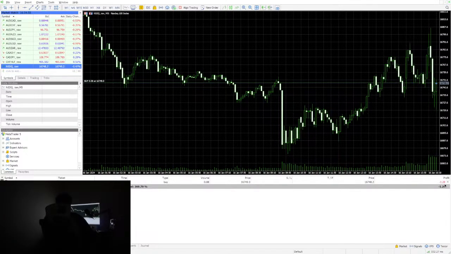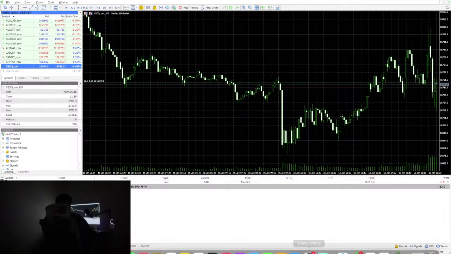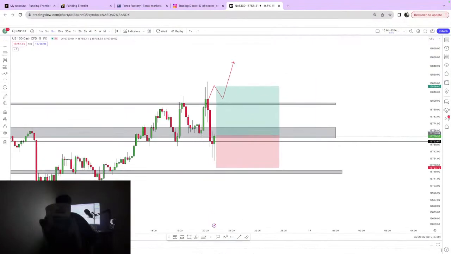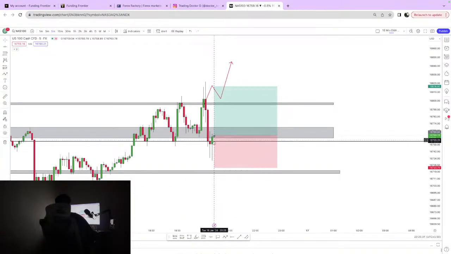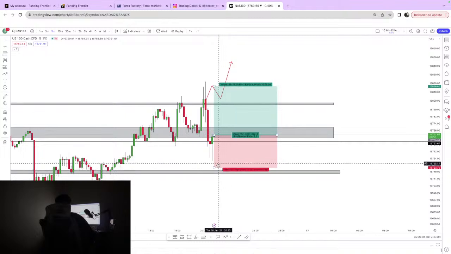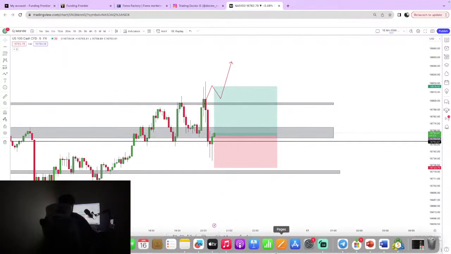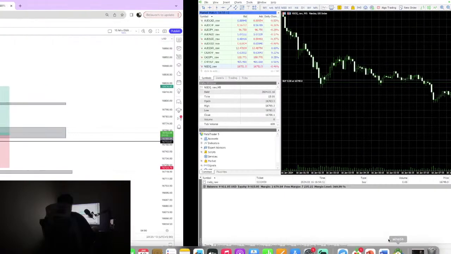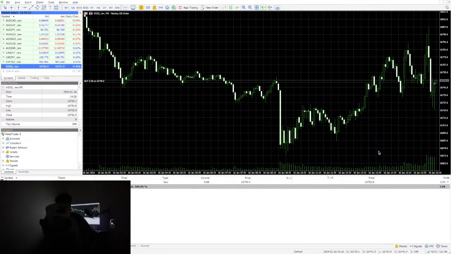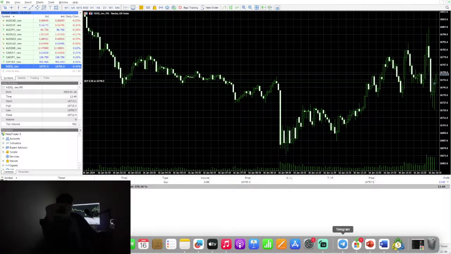So we have opened this trade, right? This will be the stop loss. This will be at least minimum target. All right, so this is our trade. We have opened it.